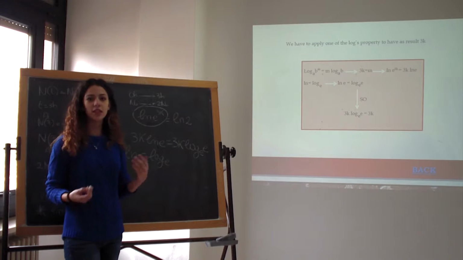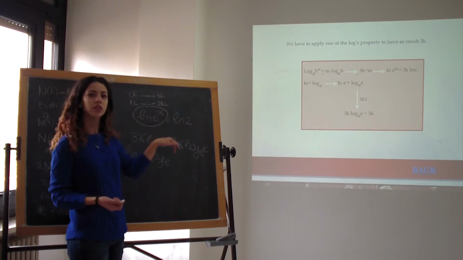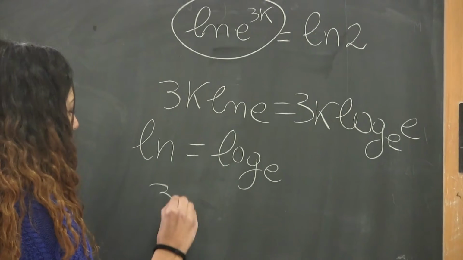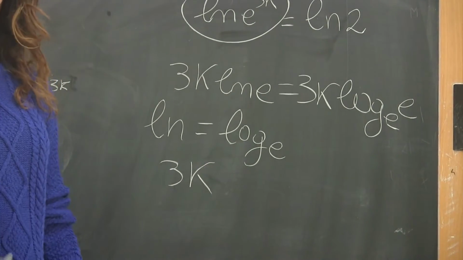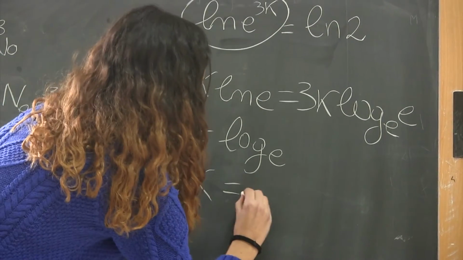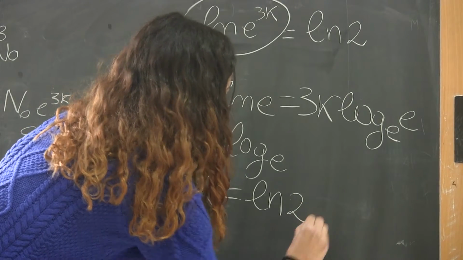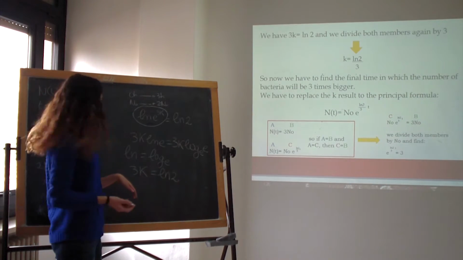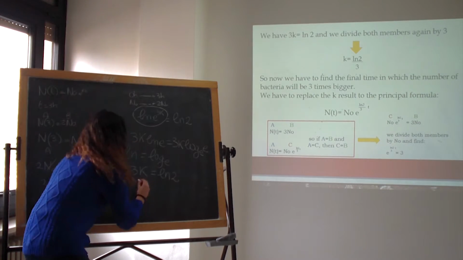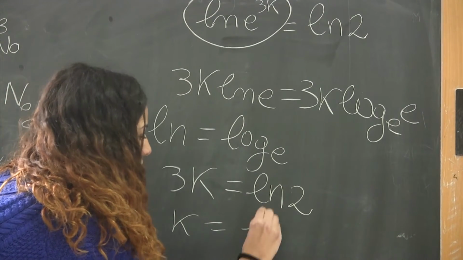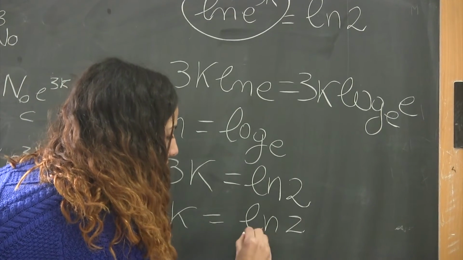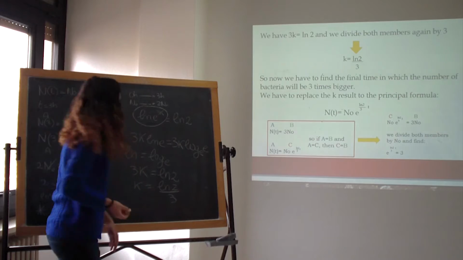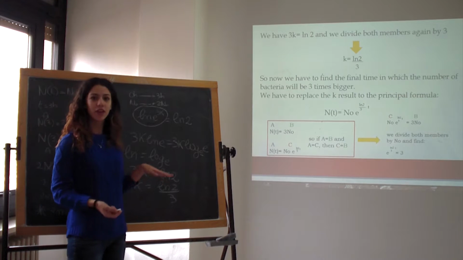So I replace this data in this equation, and I have that 3k is equal to the natural log of 2. I divide both members by 3. And so now I have the key result.